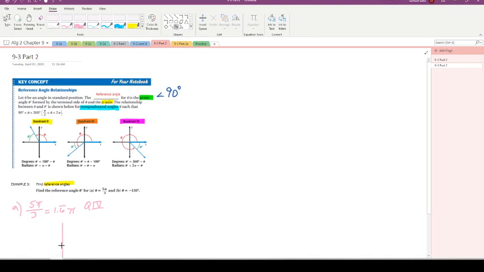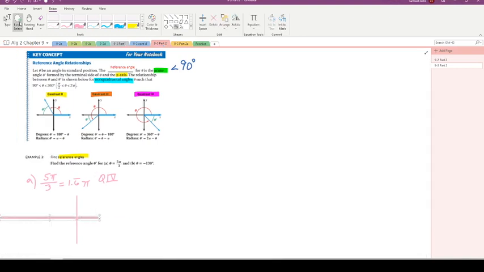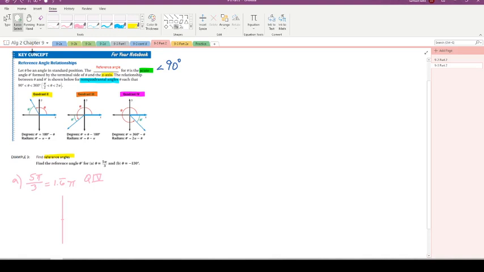So let's draw it here, and let's fix that and move it so that it looks nicer.